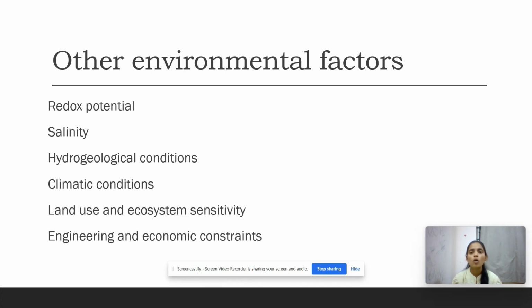Engineered and economic constraints, like engineered microbes, the economic processes and equipment used, also have an effect on the bioremediation process.